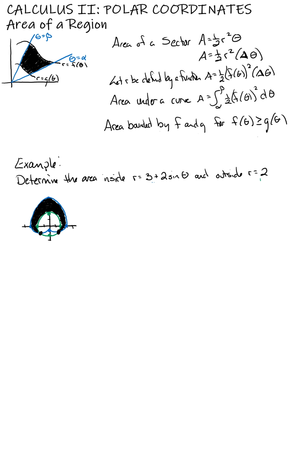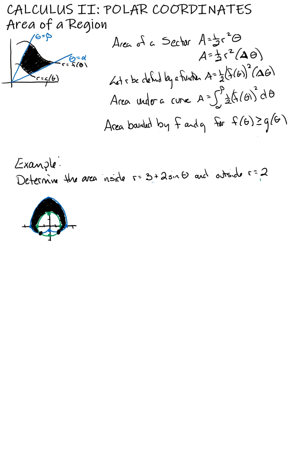Now, what we're really looking to get at is the area bounded by two different functions f and g. We'd already introduced the two different angles, alpha and beta, but now we're going to look at two different functions, f and g, and we want the area between those two. Notice that we are going to name the larger function f and the smaller function g.